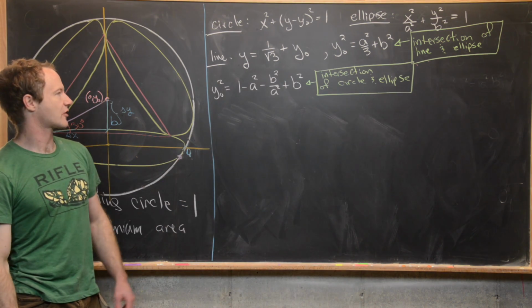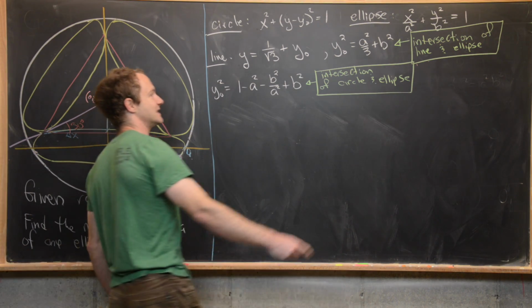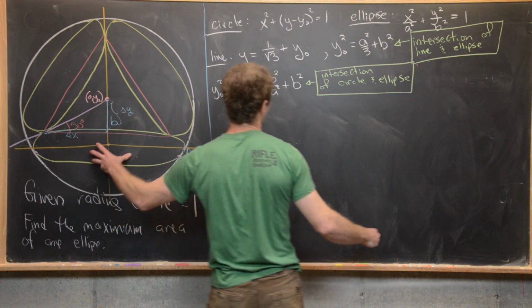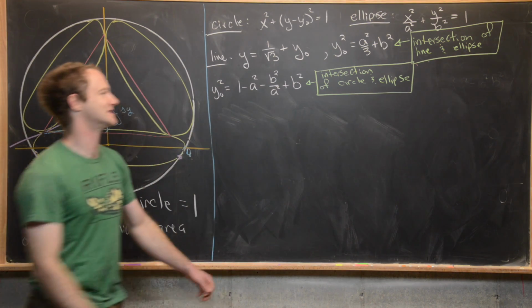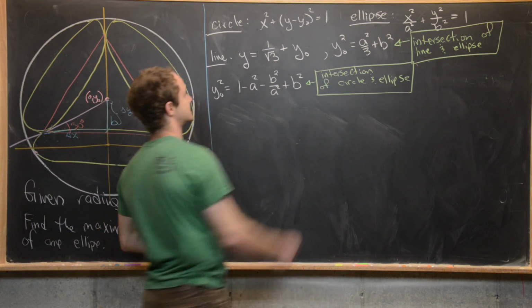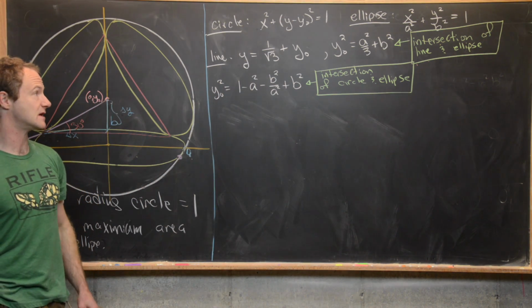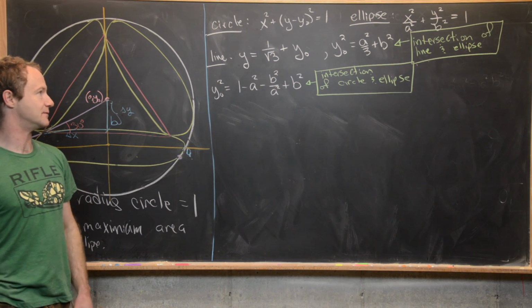We just got done calculating y0 squared two different ways. One by intersecting this line with the bottom ellipse and one by intersecting this circle with the ellipse. So we got these two quantities, but that gives us a relationship between a and b, but really more a squared and b squared.